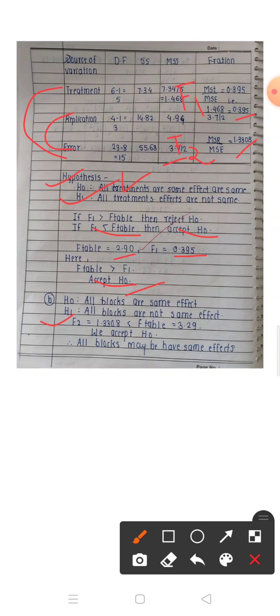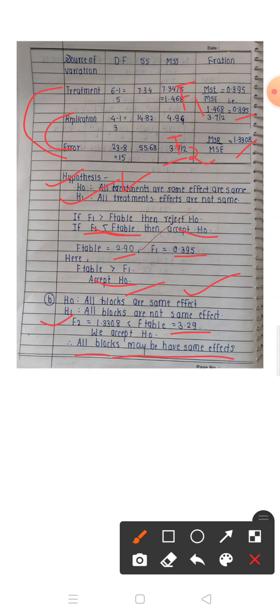Here the F2 value is 1.3308 and the F table value given in the example is 3.29. Here the F table value is greater, so we accept H0. What is H0? All the block effects, that is replication effects, are the same. So our conclusion is all the block effects may have the same effect.